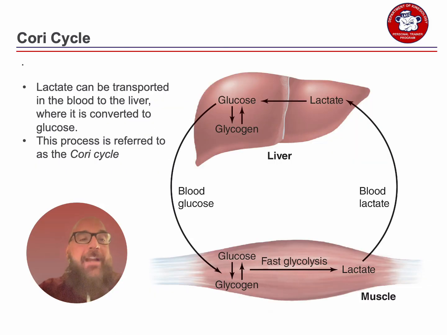Now, we have one other factor here. Lactate can be transported in the blood to the liver where it's converted back into glucose. This process is referred to as the Cori cycle. So it's a little side cycle, and you can take lactate, absorb it into your liver, and it can be utilized as glucose. And we do have stores of glucose and glycogen, which is stored inside of the liver itself.